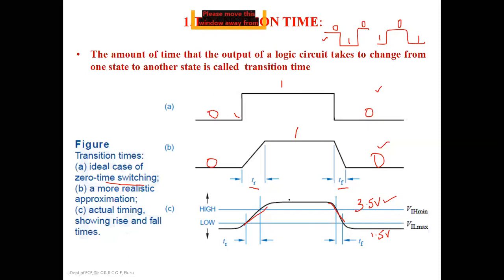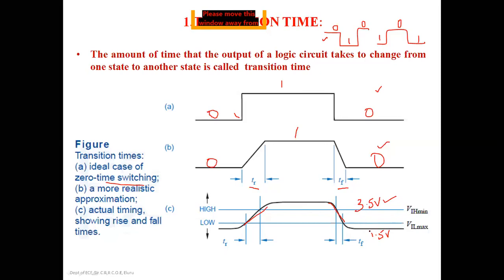Here it is an output signal. When it is connected to the next stage of the logic gate, its output voltages must fall between these two ranges. Otherwise, the next circuit will not accept the logic 0 and logic 1 values. So to determine the rise time and the fall time, we measure them by the boundary logic values.